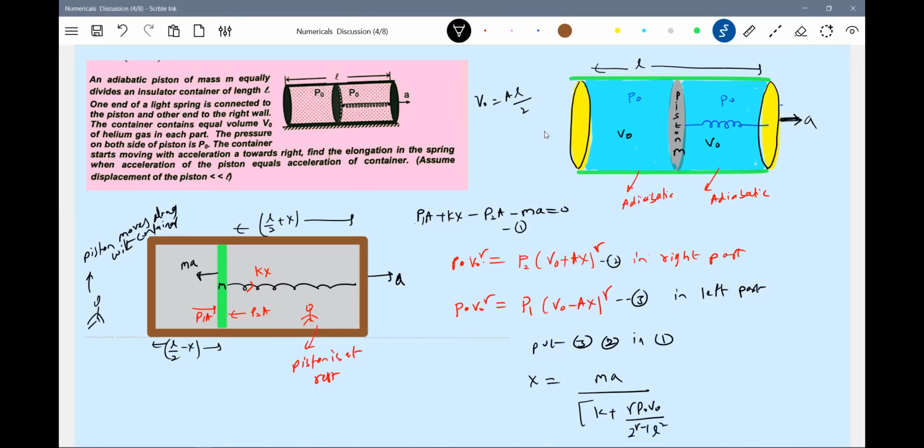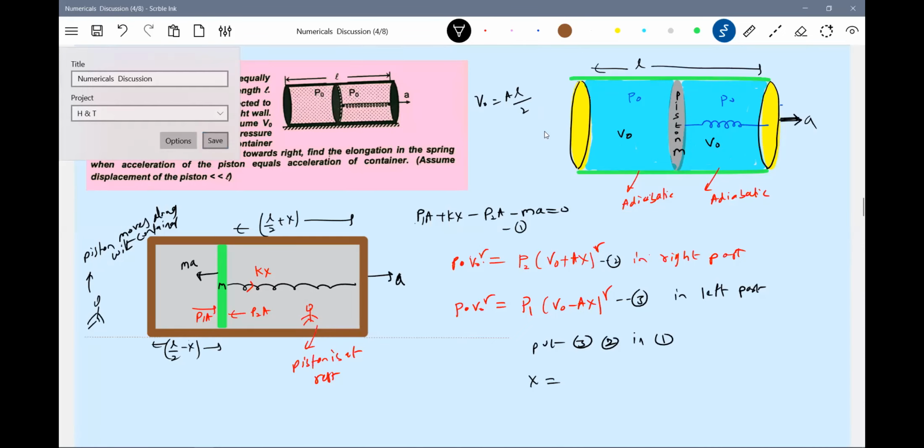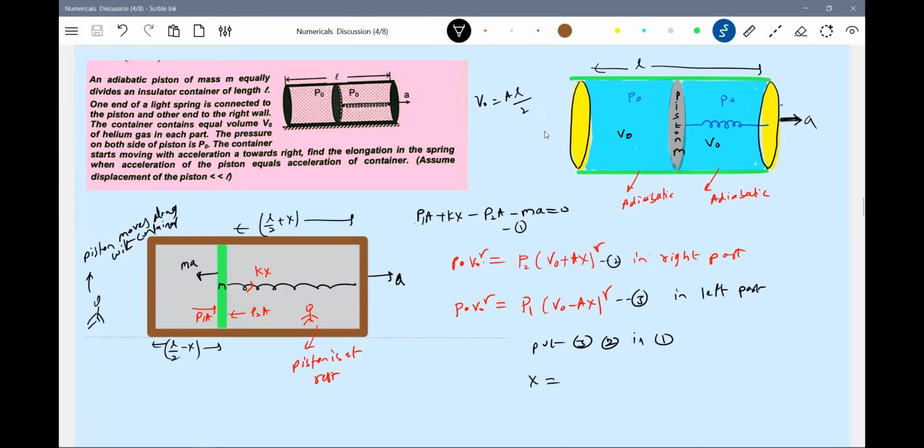Okay, I'm not sure. This we have to work out better. Can you solve this later on? I'll go for the next one. Put 3, 2 in 1, so only X is the unknown. And what to write for V naught?